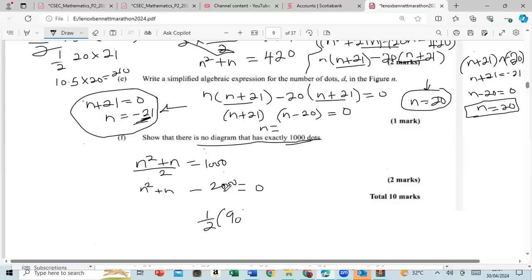Let me think, it's probably easier to factorize this. Forget the number we're close to. Two numbers we can multiply to get 2,000, and then the difference is 1.